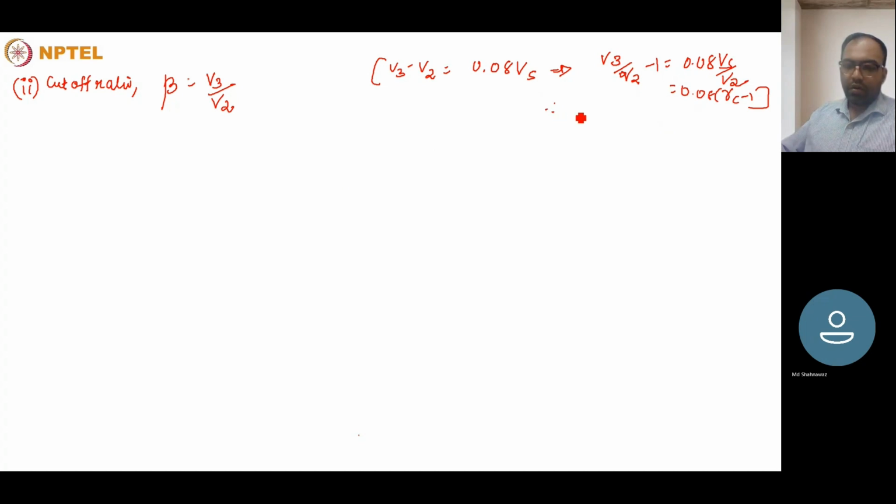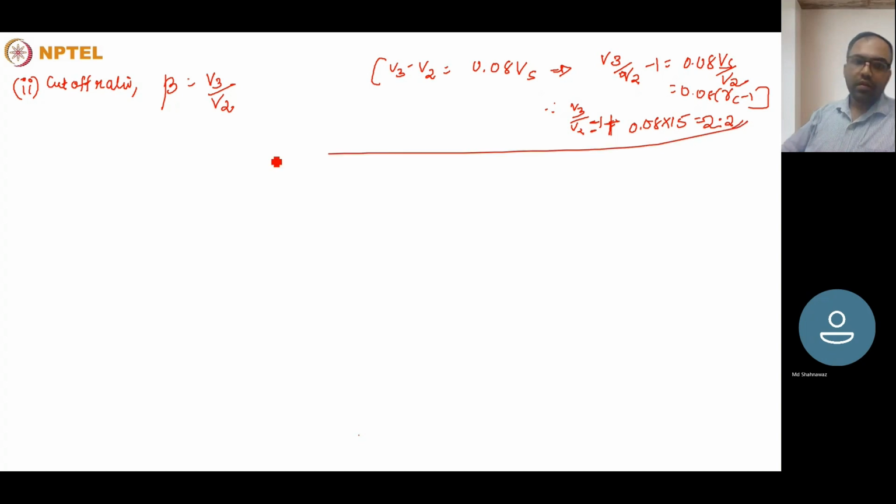So therefore, V3 by V2 is equal to 1 plus 0.08 into (RC minus 1). RC is 16, so RC minus 1 is 15. So it will be coming around 2.2.